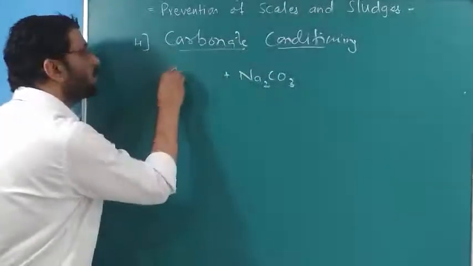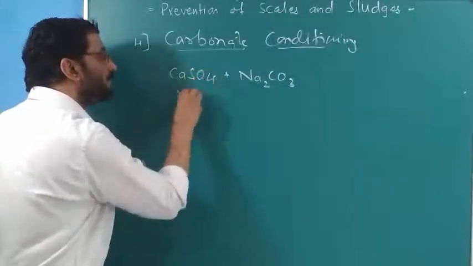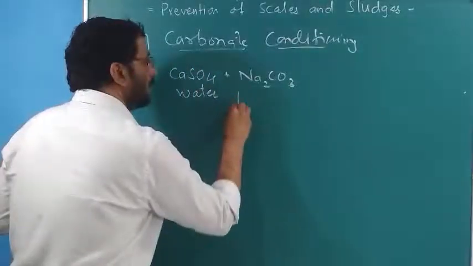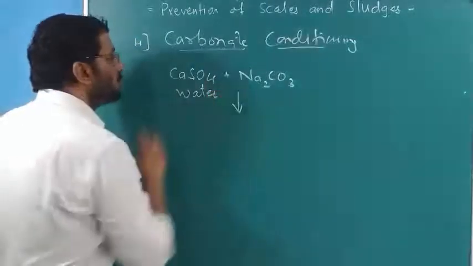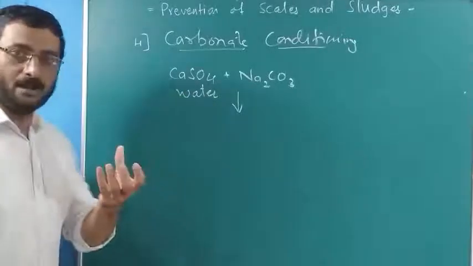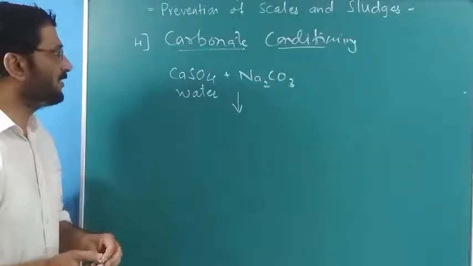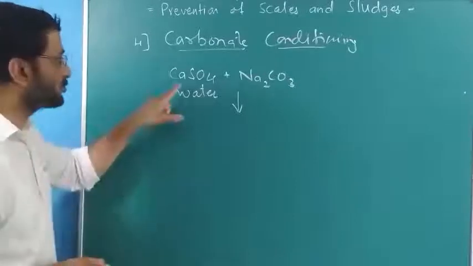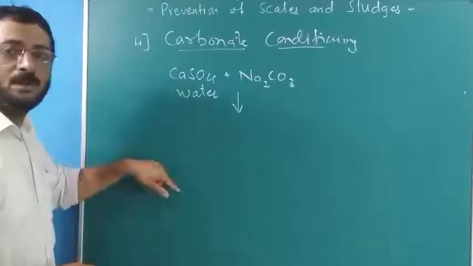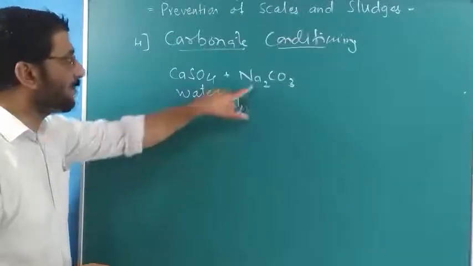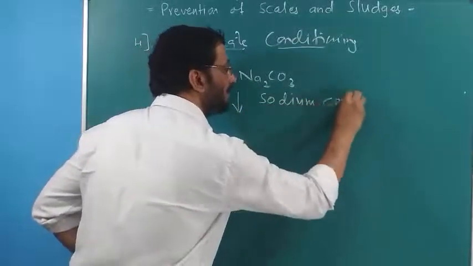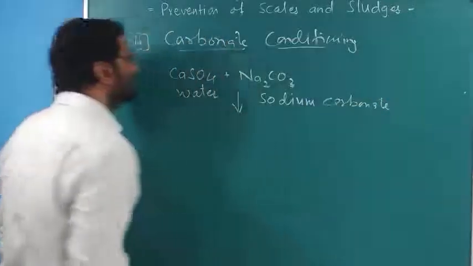When you add it to boiler feed water containing, suppose, calcium sulfate, which is a very strong adherent, very hard and sticky precipitate-forming salt, we can convert this to a less harmful precipitate-forming substance by reaction with soda, or sodium carbonate. Simple reaction you can easily write.